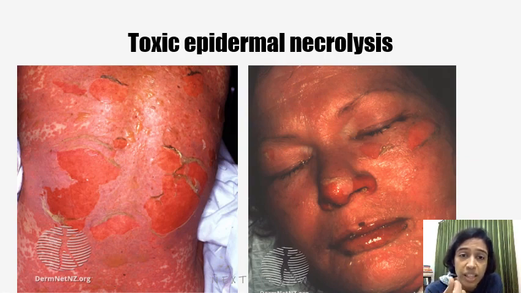So you can see it's very superficial layer of blister involving the face and the body, and you can see it's become quite confluent, so the skin peels off very easily to touch or to any pressure. And you can see few areas of normal skin left in between the involved skin, that's on the trunk. So this condition has a high mortality rate.